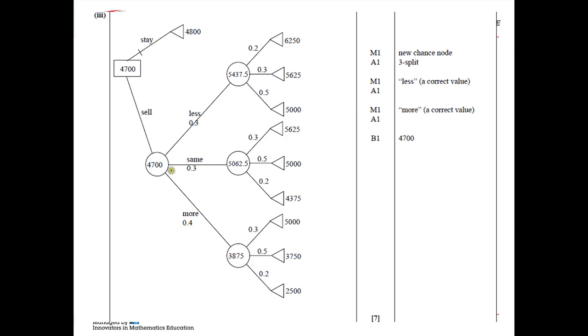Of course you don't get anything for the same because it's exactly the same as we had in the first part. And you get a mark for reaching a conclusion, but you must write the answer as well. You wouldn't have got that mark just for finishing the drawing off like this. And that completes the question.